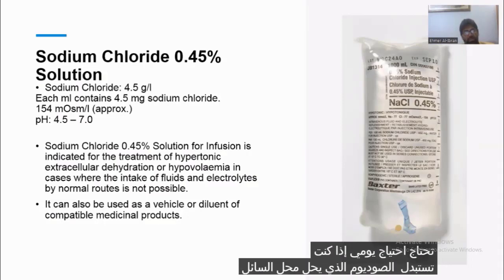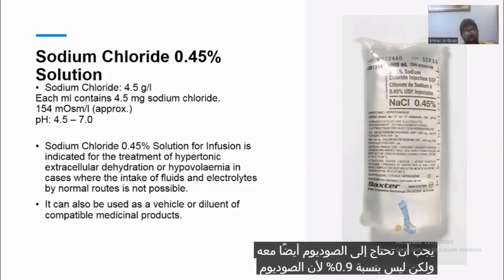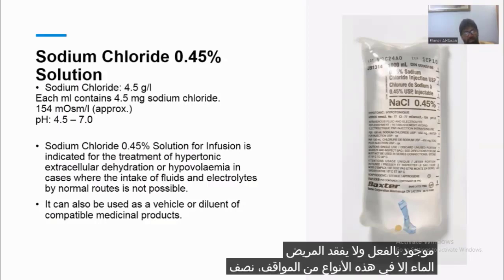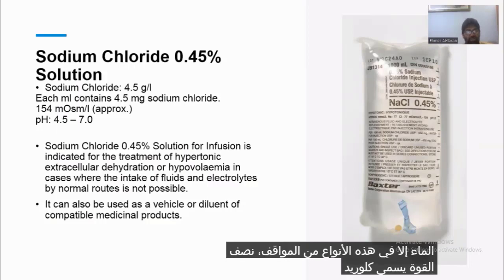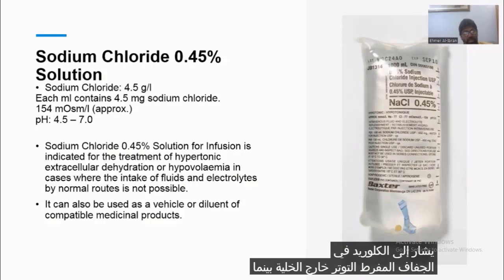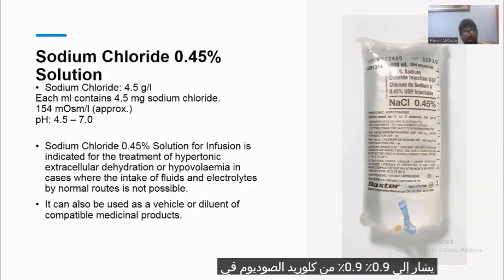If you are replacing fluid, you need sodium along with it, but not at 0.9%, because sodium is already high and the patient is only losing water. In these situations, half strength or 0.45% sodium chloride is used, while 0.9% sodium chloride is indicated in isotonic dehydration.